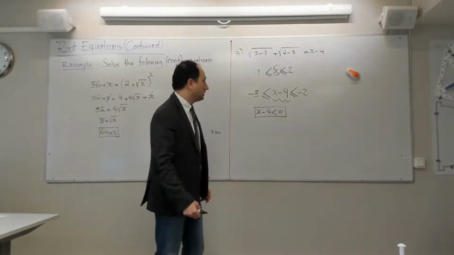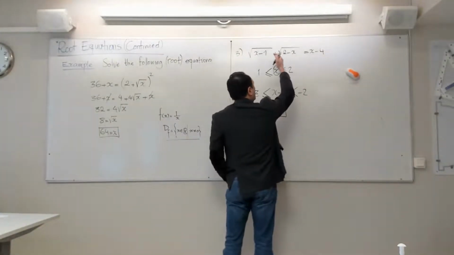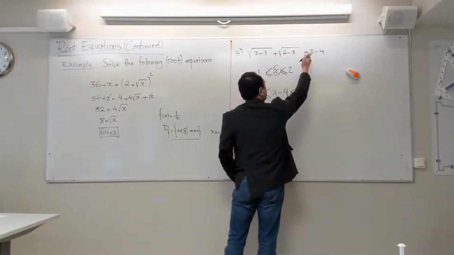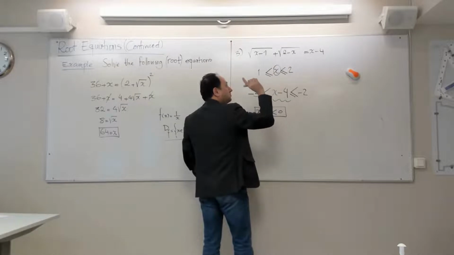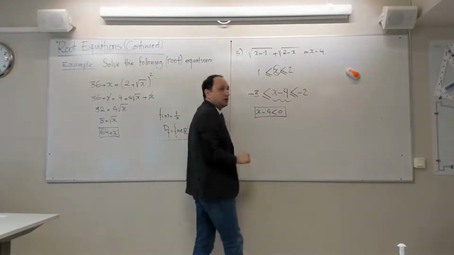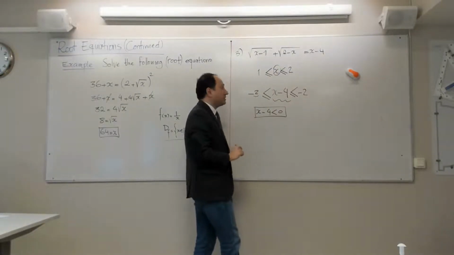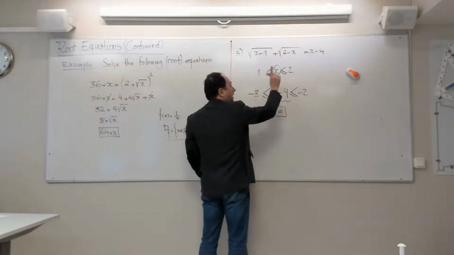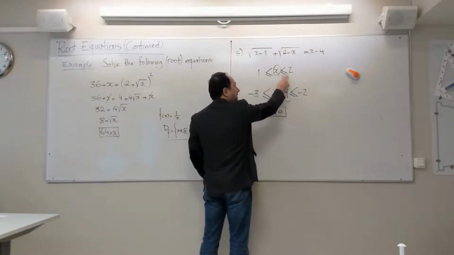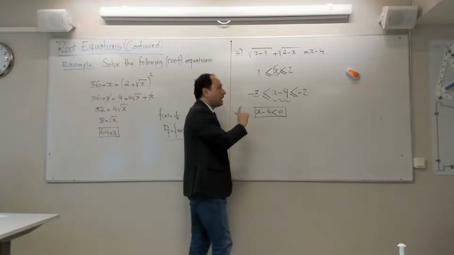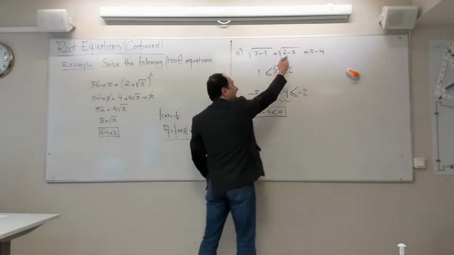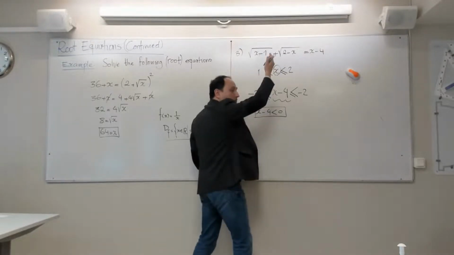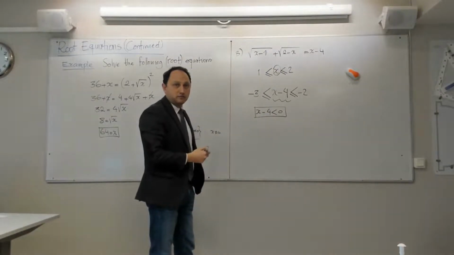Let me repeat. If you want to make this equality right, definitely the number that might make it right should lie somewhere between 1 and 2. If the number that you choose is not between 1 and 2, the left-hand side is not a number in the first place.